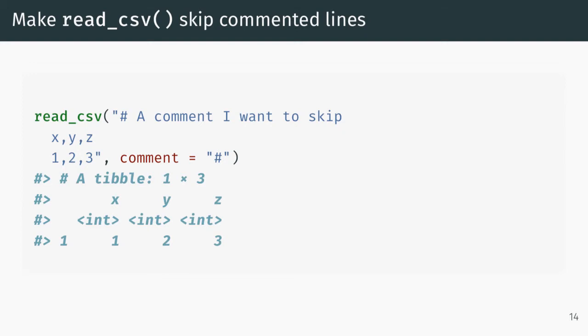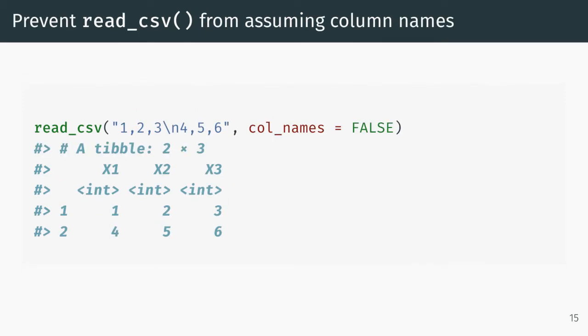This works both with inline data or data in files. It's very often the case that CSV files don't have header lines. So you may want to say that column names are false in your invocation and that all you're importing is data. In that case, R gives the columns default names.